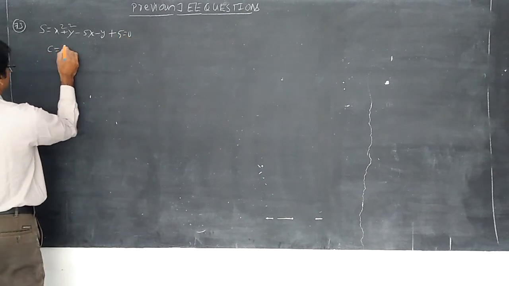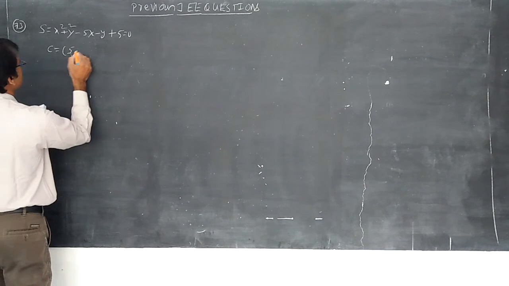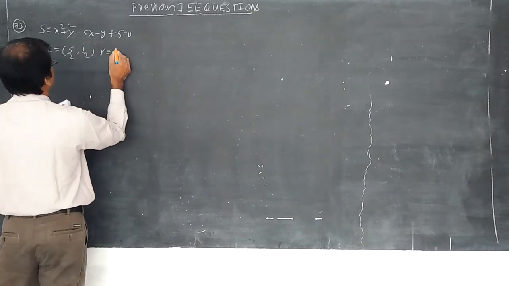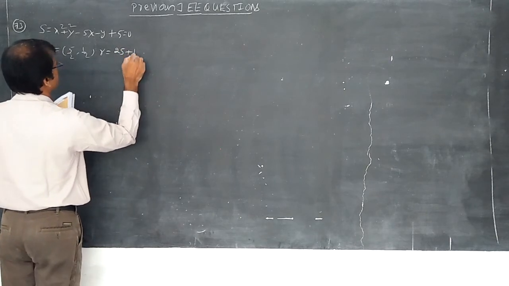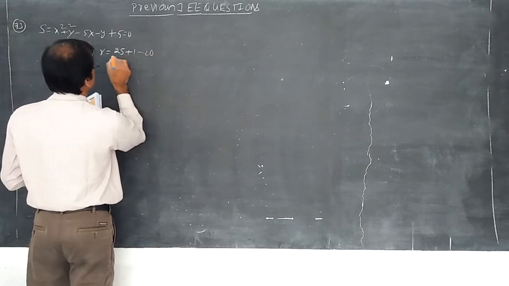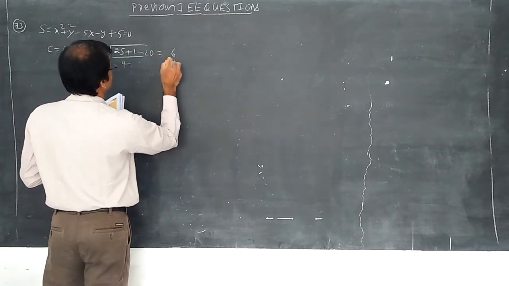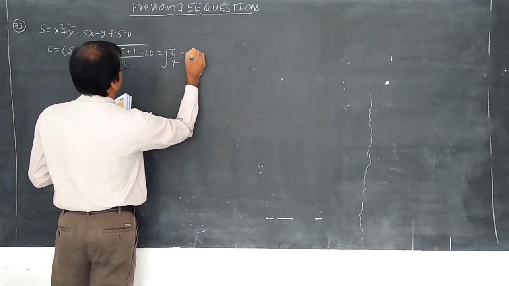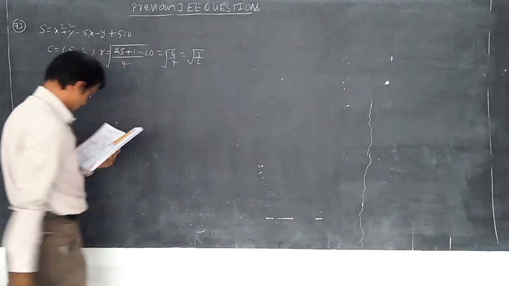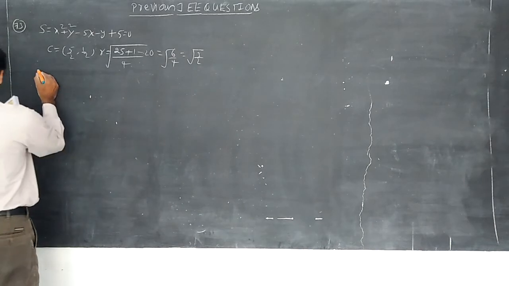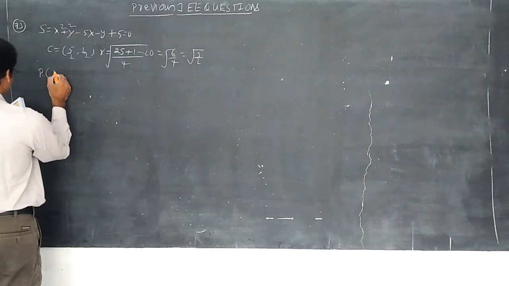Here center is (5/2, 1/2) and radius is equal to root of 25/4 plus 1/4 minus 20/4, which is root of 6/4, so root 6 by 2 we can write. P (0, -2) is a point given. Q is any point on the circle.